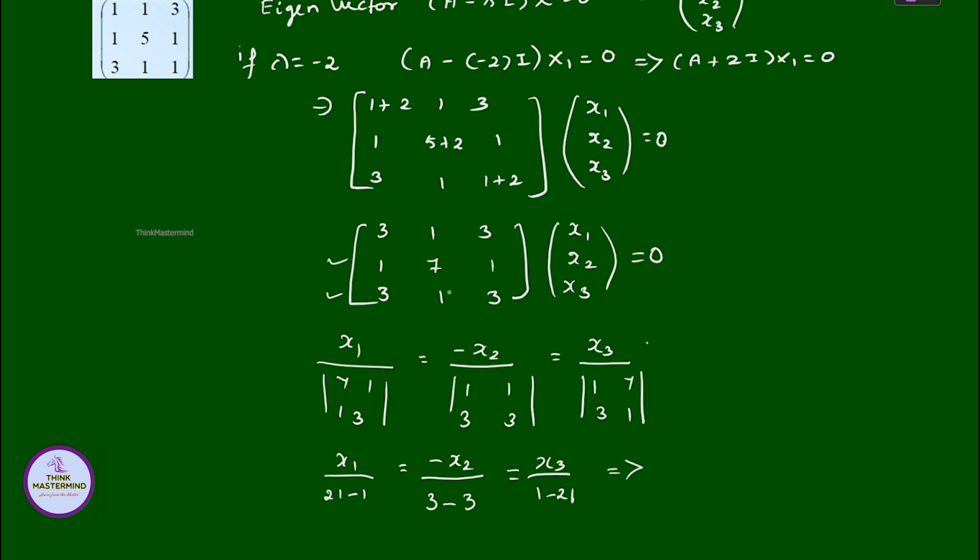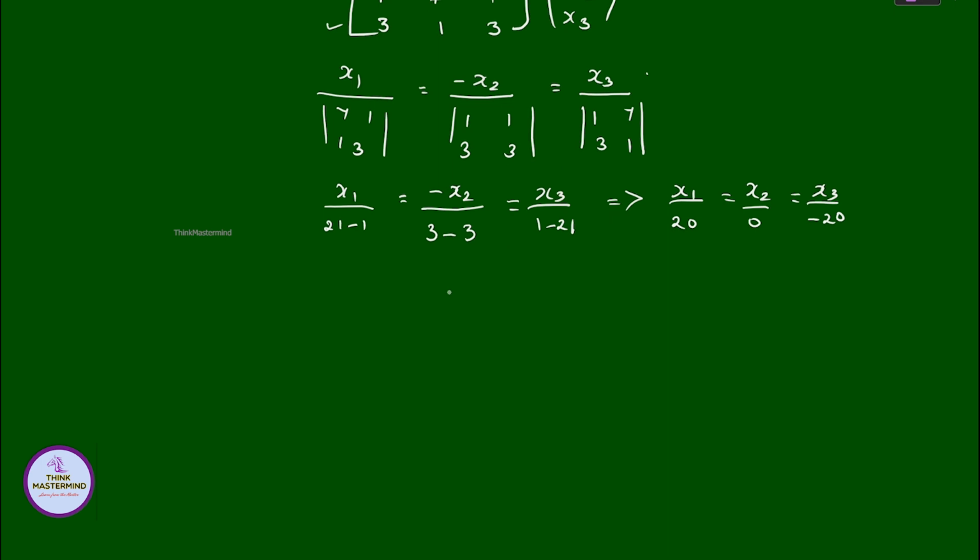So that implies x1 by 20 is equal to x2 by 0 is equal to x3 by minus 20. Therefore, the eigenvector corresponding to eigenvalue lambda is equal to minus 2, eigenvector x1, is 20, 0, minus 20. So that is equal to 1, 0, minus 1.